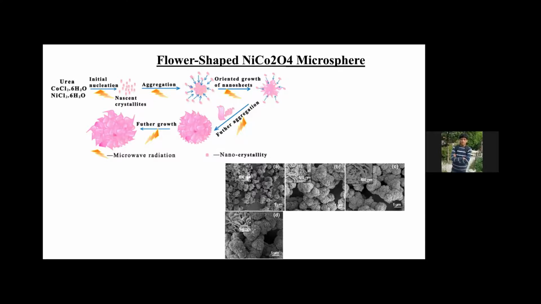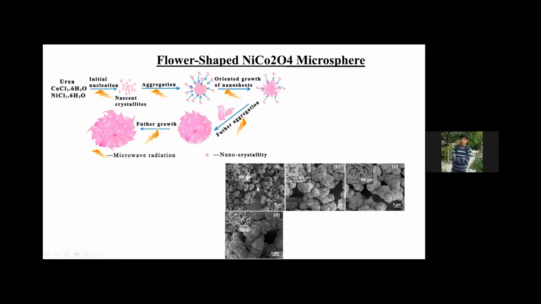In this particular reaction we can get the flower shape. But if we vary it, and instead of cobalt chloride use cobalt acetate or nickel acetate or some other chemicals, we might not get the flower shape or the microsphere.